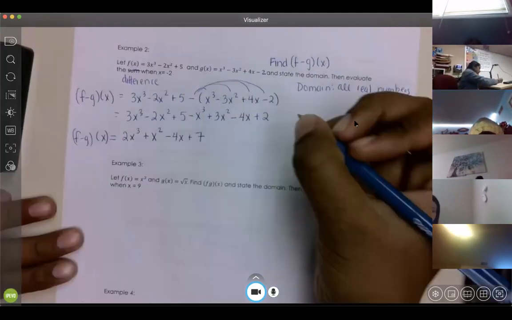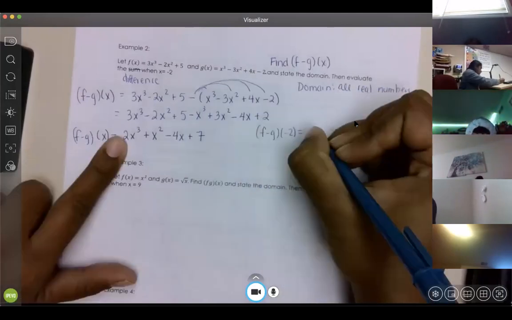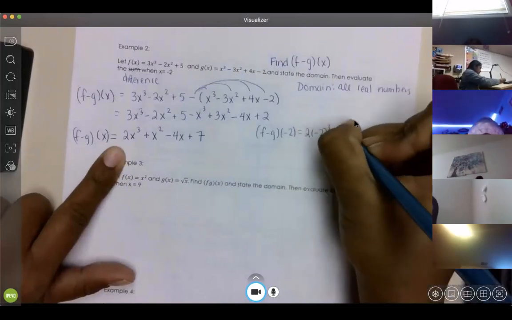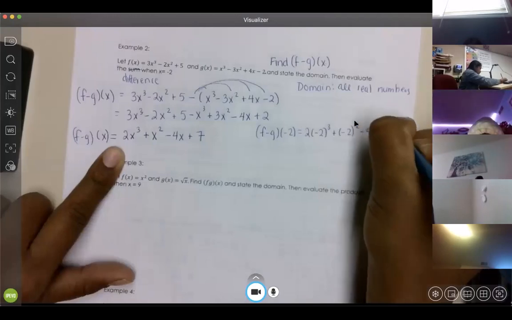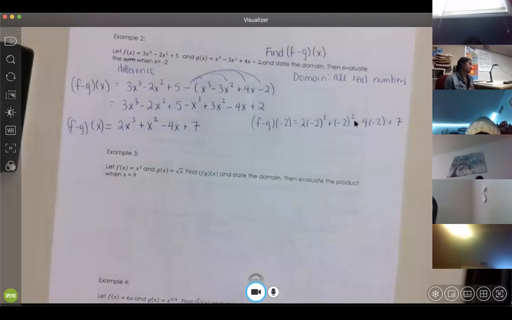So it's f minus g of -2. Everywhere you see an x, you're going to plug in -2. Make sure you put them in parentheses, especially because it's a negative. So it's 2 times -2 cubed plus -2 squared minus 4 times -2 plus 7.